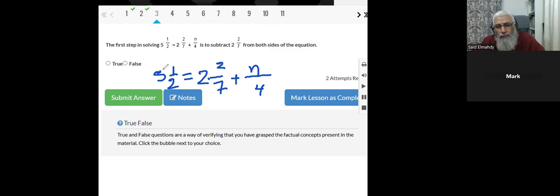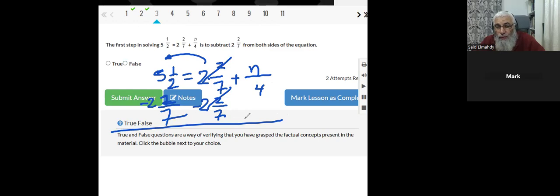Is this correct? This is correct because we move this to the other side. This cancels out. So yes, this is true.